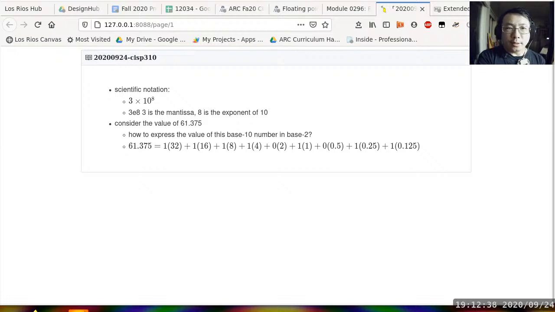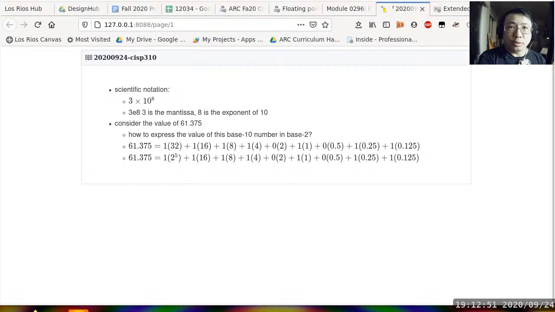So now we look at this and say, can we convert every single one of these into an actual power of 2? Well, that's not too hard. This is 2 to the power of 5. And this one here is 2 to the power of 4. I mean, you guys get the idea, right?